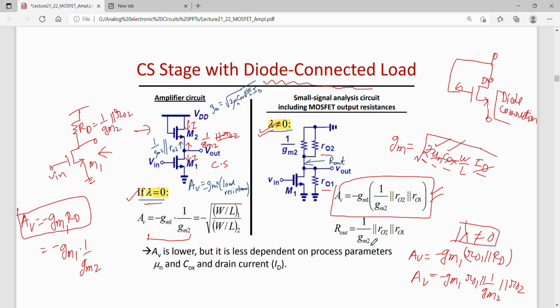Similarly, the output impedance. So output impedance was earlier for a common source amplifier with drain resistance R0 parallel to RD.